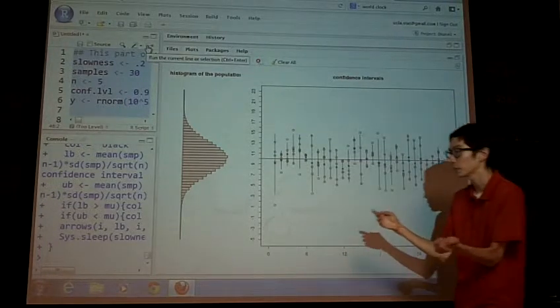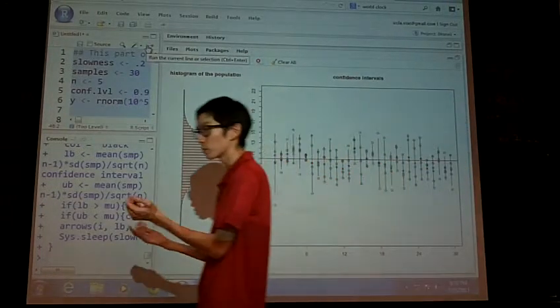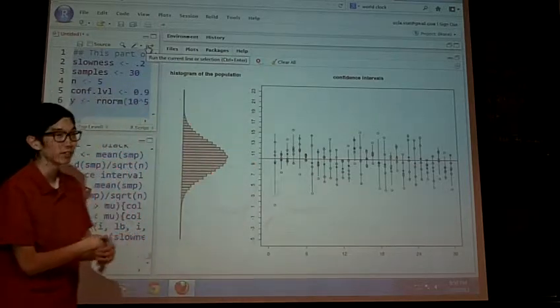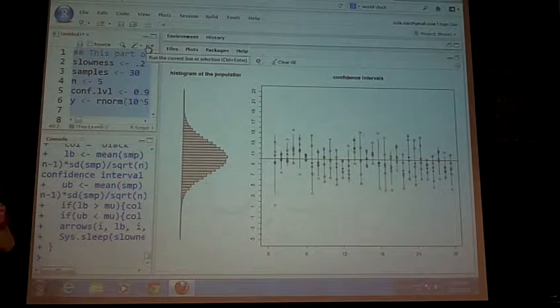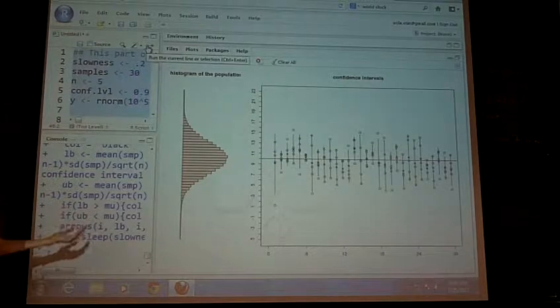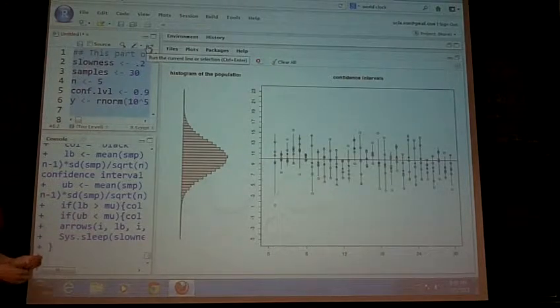And then my standard error is also much larger because I'm doing s over the square root of n, and my square root of n is going to be a smaller value, so that thing is going to get larger there.